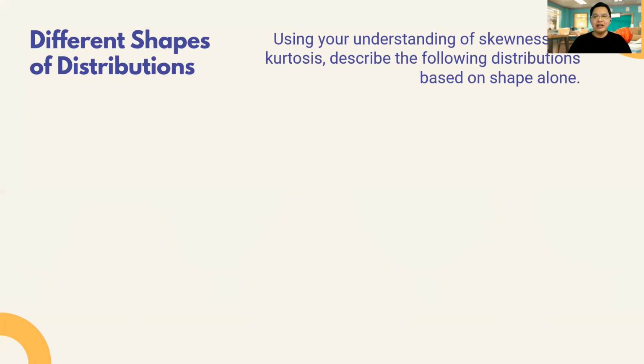Using your understanding of skewness and kurtosis, I want you to describe the following distributions based on shape alone. So this is going to be a subjective exercise, which means that for some of you, it may seem symmetric or asymmetric. Others would look at a shape as mesokurtic instead of the other two. But that's totally based on how we look at it. So, like I said, it's very important that we try to remember the figures that we saw in the previous slide.